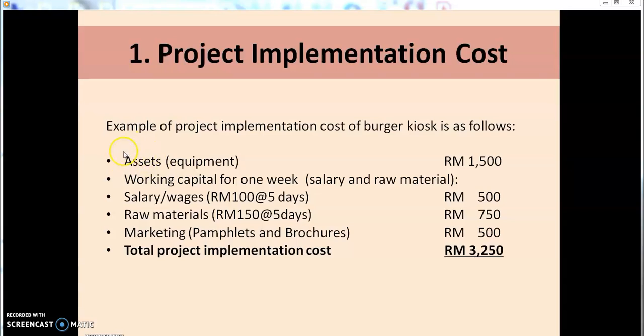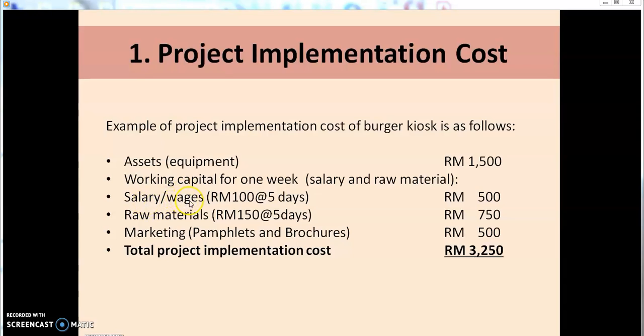First one, the assets or equipment needed for you to operate the burger kiosk. Let's say you have to buy the burger kiosk for RM1,500, and you have to pay for the working capital for 1 week. Let's say the salary and the raw materials needed to sell the burgers.